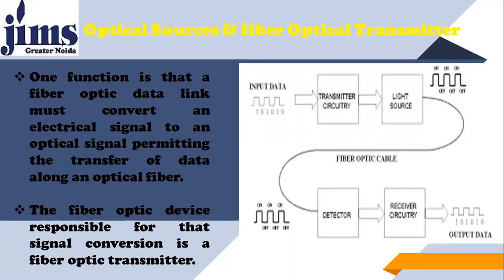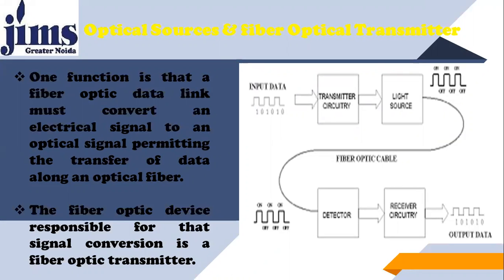Optical source is the main part of an optical transmitter, and the duty that the optical transmitter assigns to this optical source is very important, because the optical source converts an electrical signal into an optical signal, right?